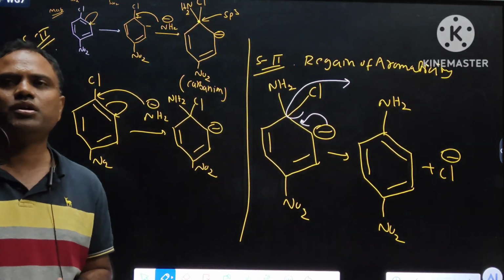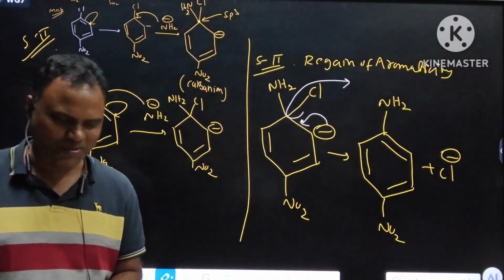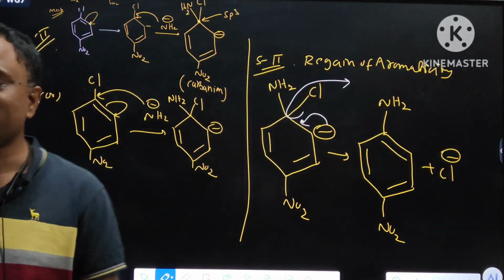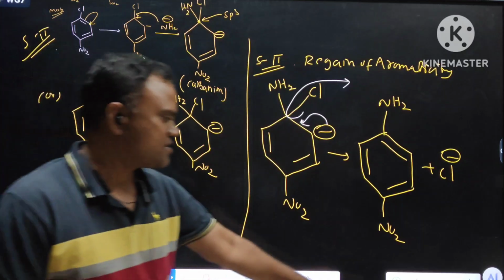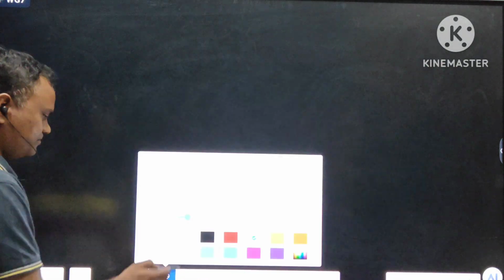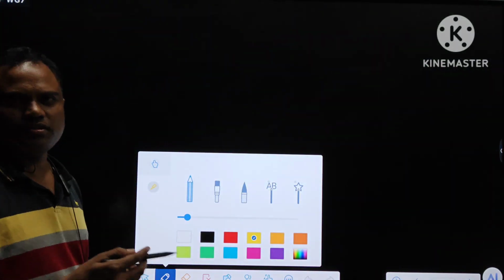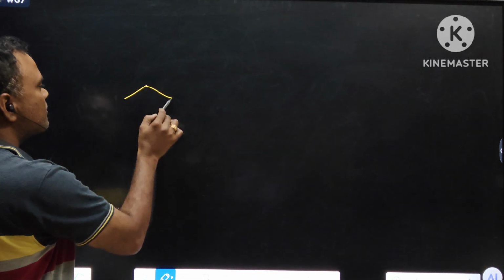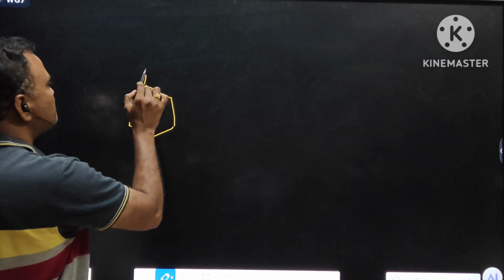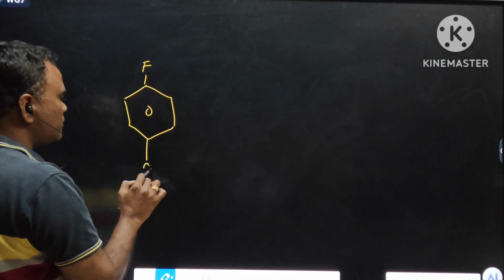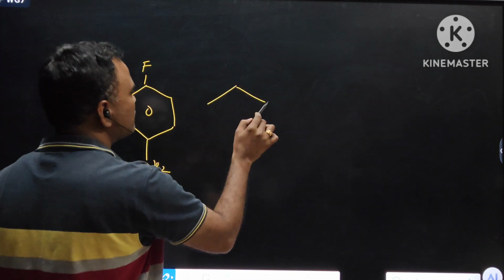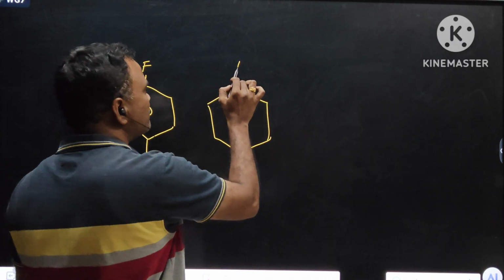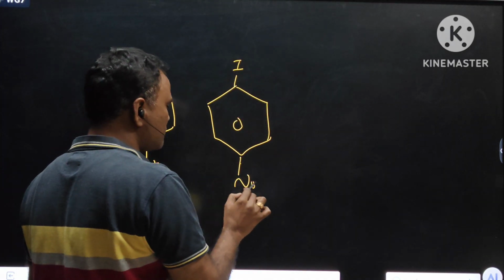99% you will give the wrong answer for this question. I will explain the reason later. First of all, you give the answer for my question. Which of the following readily participates in aromatic nucleophilic substitution reaction?